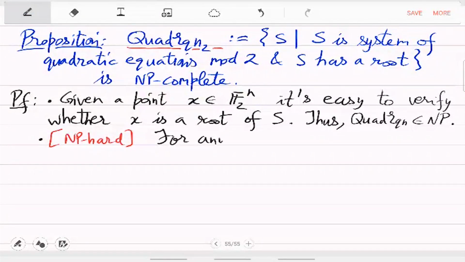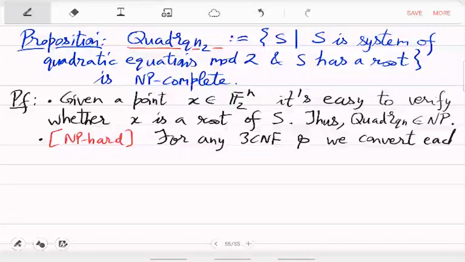So for any 3 CNF phi, we convert each clause to a quadratic system mod 2.